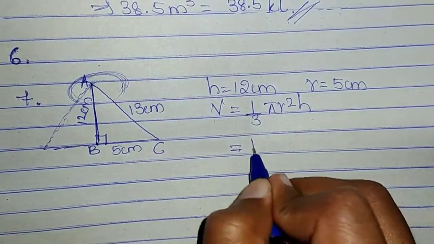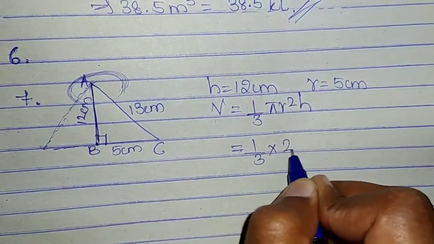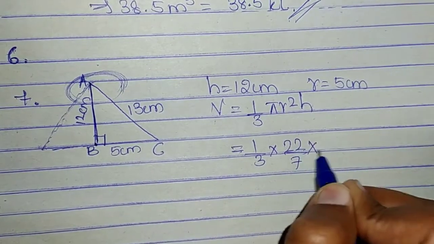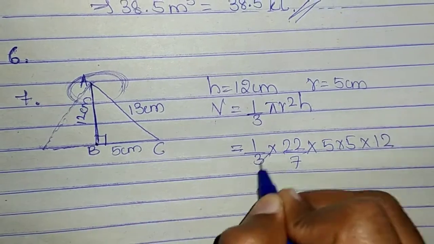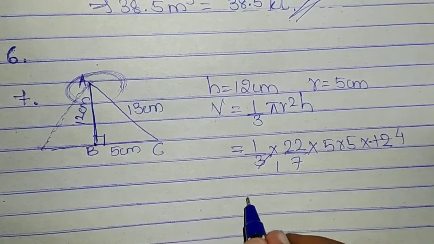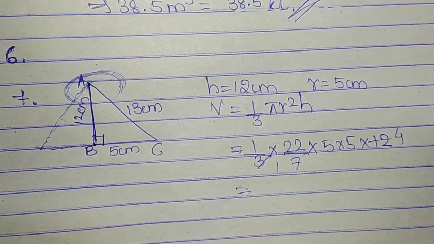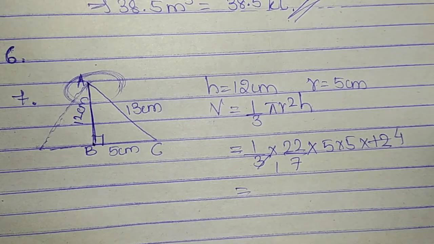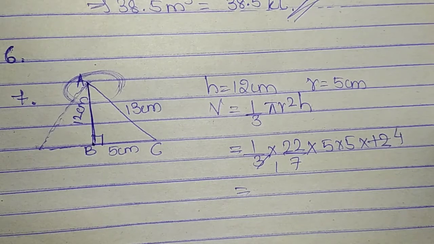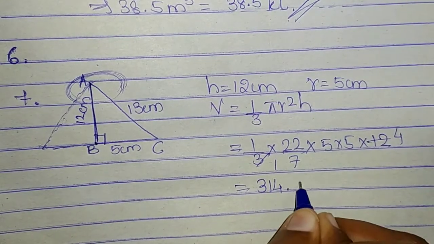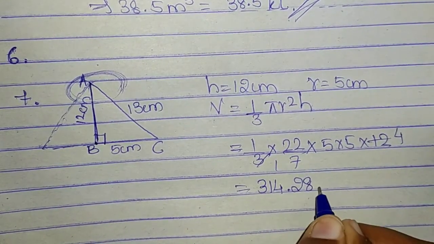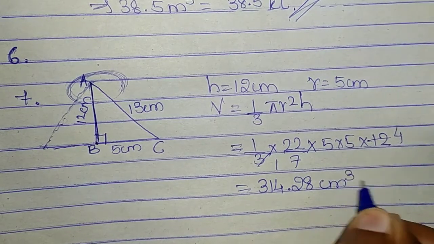So this is equal to 1 by 3 into 22 by 7 into r is 5 into 5 into height is 12. 3 4s are 12. So what we get here is 22 into 25 into 4 divided by 7. So it is nothing but 314.28 centimeter cube.